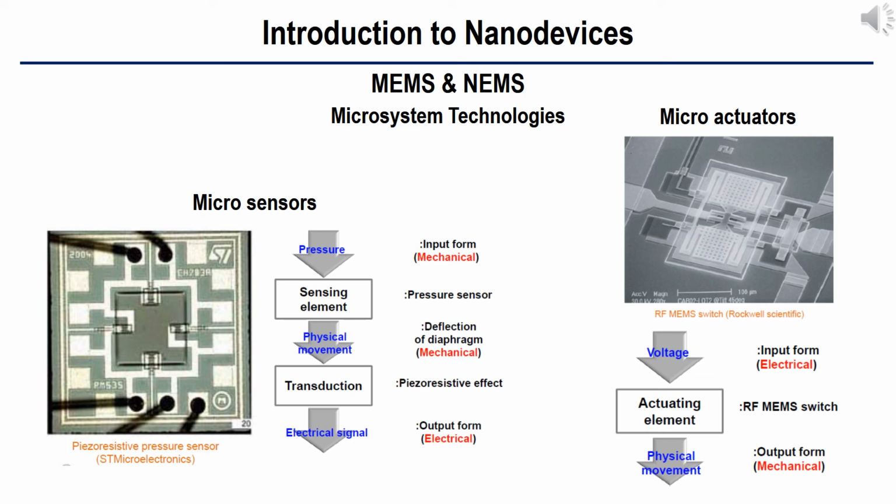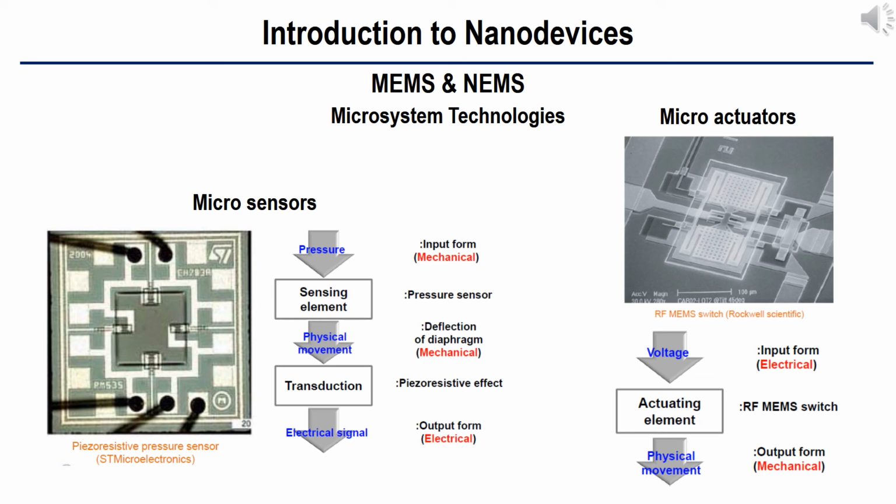Sensors are miniaturized devices that can measure a parameter of interest, typically in the non-electrical signal domain, and provide an electrical signal in response to the parameter measured. For example, as shown in the left figure, a micro-pressure sensor can feel the mechanical pressure using a piezoresistive pressure unit, which turns the mechanical stimuli into an electrical signal.